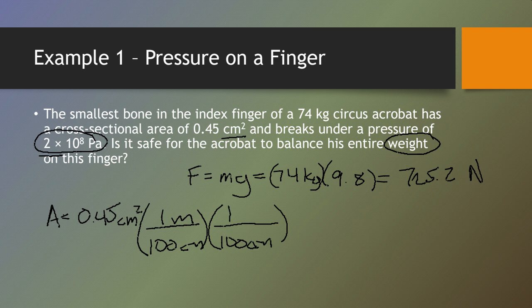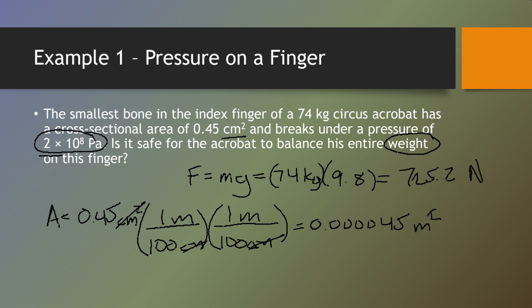And then those 2 centimeters cancel out with these 2 down here. And we get 0.45 divided by 100 twice, or divided by 10,000. And so you just get some zeros in front. Meters squared.